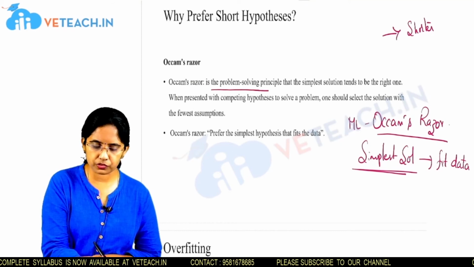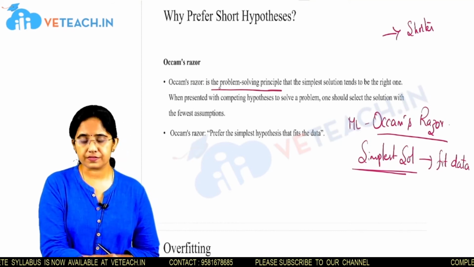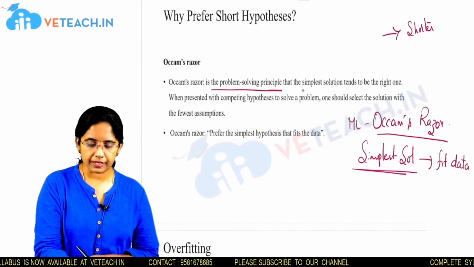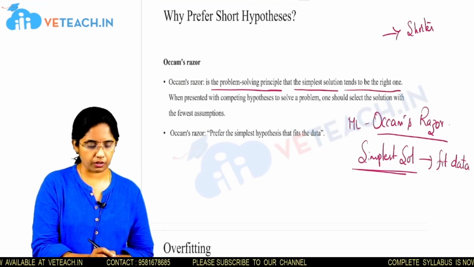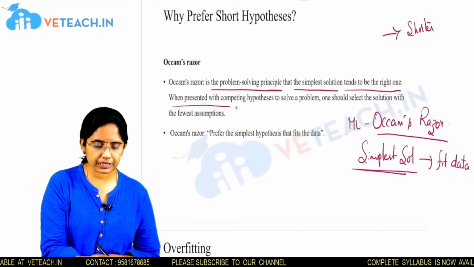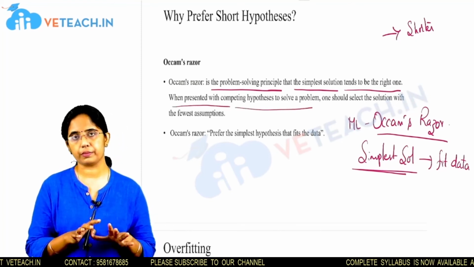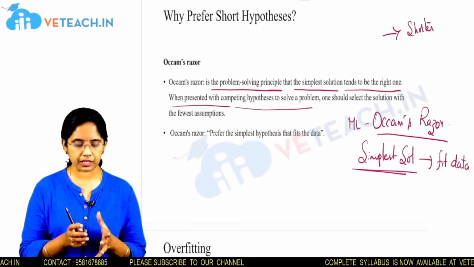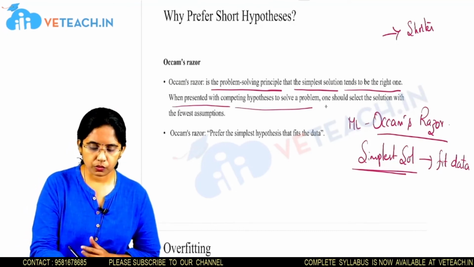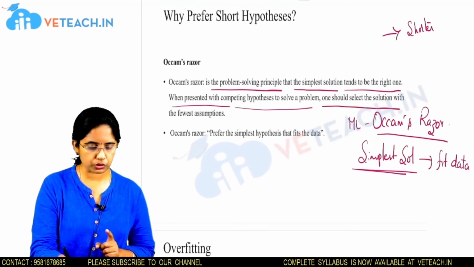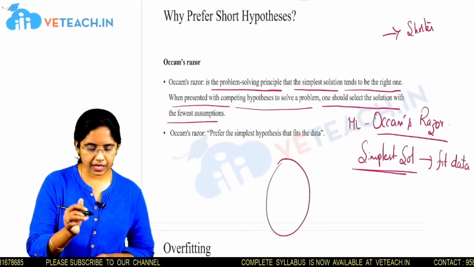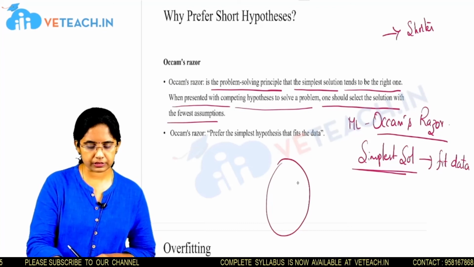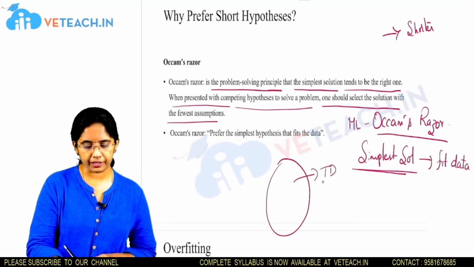It is one of the problem solving principles. Occam's razor is a problem solving principle that says that the simplest solution tends to be the right one always. So when presented with competing hypotheses to solve a problem, suppose you are given many hypotheses in your hypothesis search space, what we need to do is select the one solution with the fewest assumptions. So in that hypothesis space, I need to pick one hypothesis which will fit my training data set.